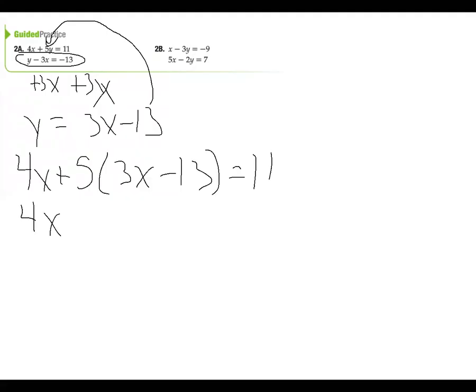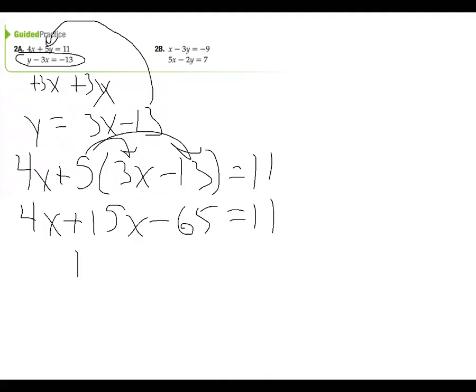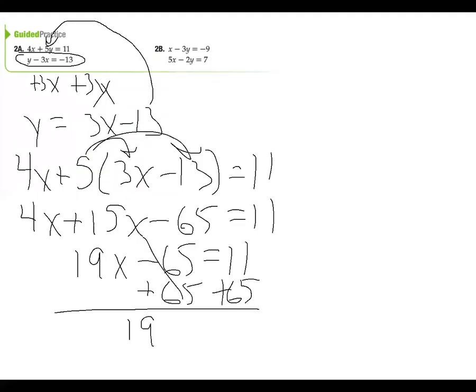So 4x plus, you have 15x minus 65 equals 11. So you'd have 19x minus 65 equals 11. And add 65 to both sides. We have 19x equals 78.